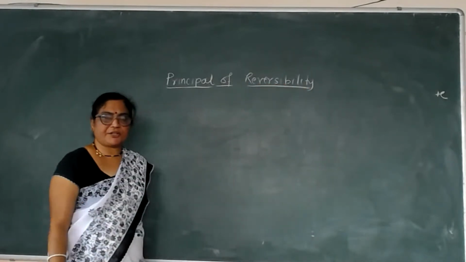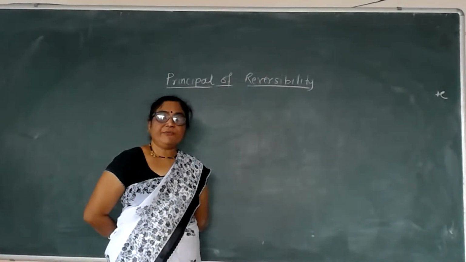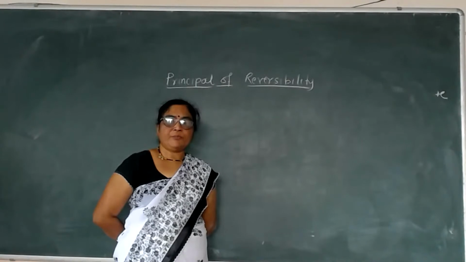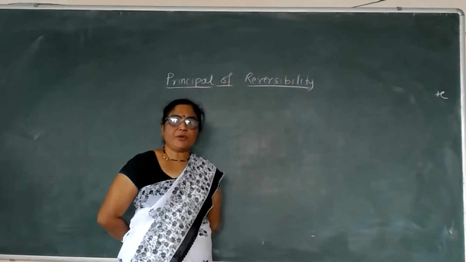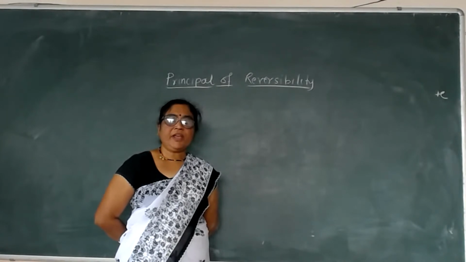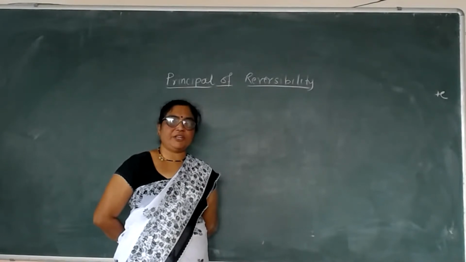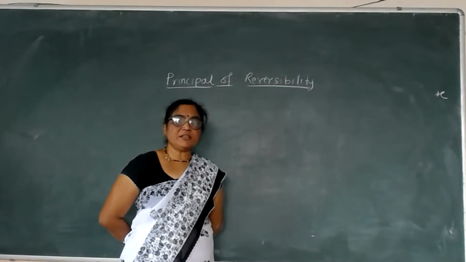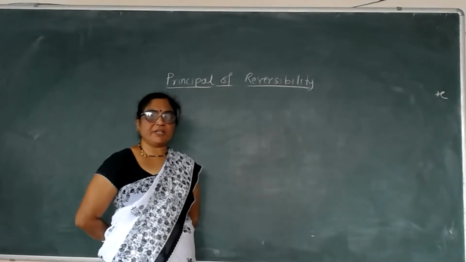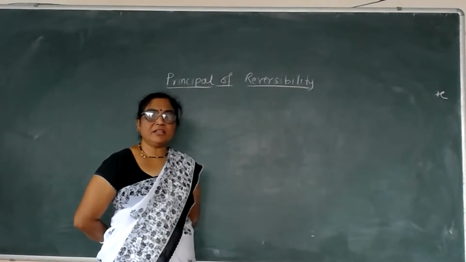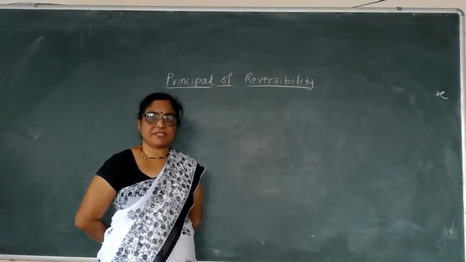The principle of reversibility is that when the ray of light is propagated from one medium to the other medium, and due to some reason it again comes back into the same medium on the same path, this is known as the principle of reversibility.